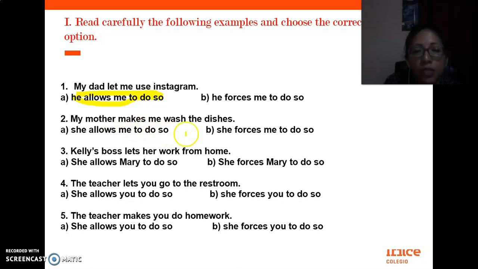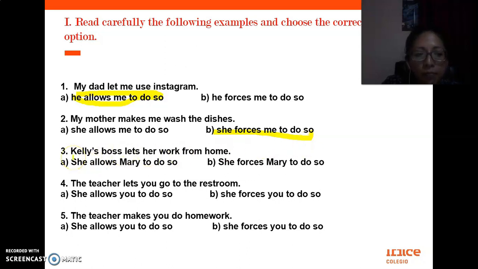So, what do you think is the answer? A or B? That's right. The answer is letter B. She forces me to do so. I don't like to wash the dishes, but my mom forces me to do so.